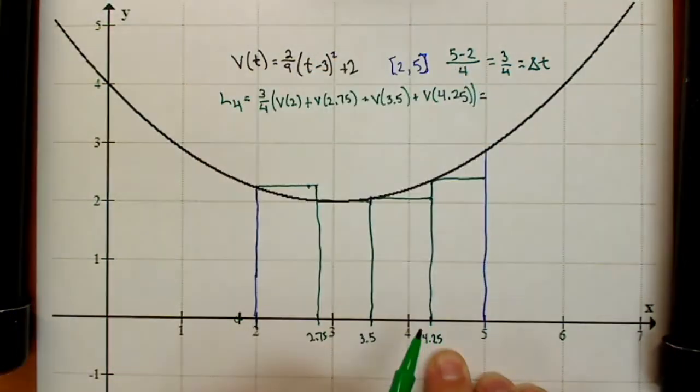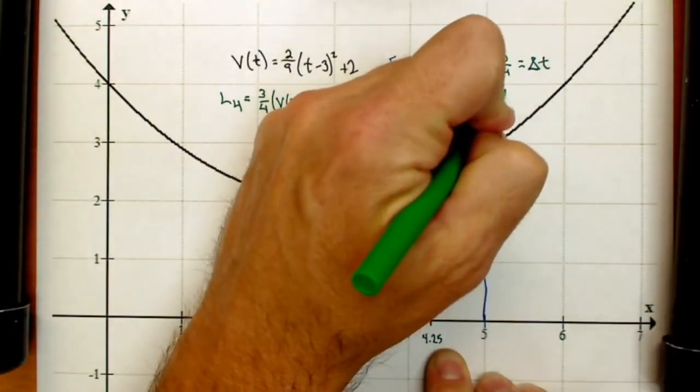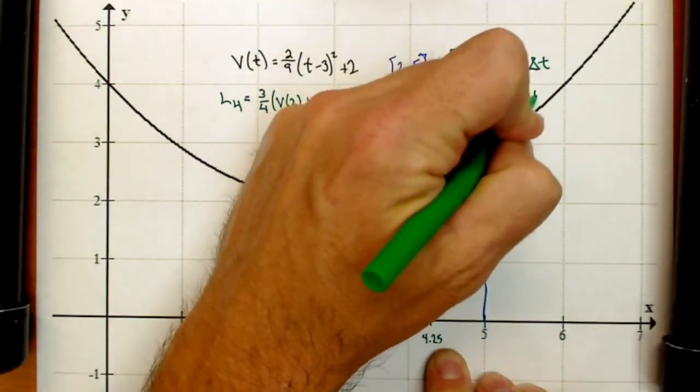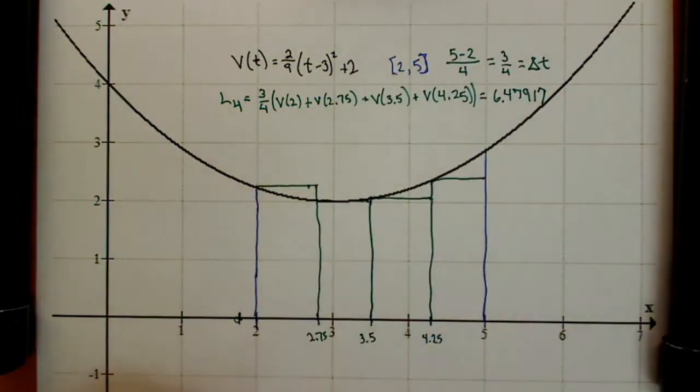Calculating that, the left-hand rule gives us a distance traveled of 6.47917. And in this particular case, our distance is in feet, so that's going to be our estimate of the distance traveled in feet from the left-hand rule.